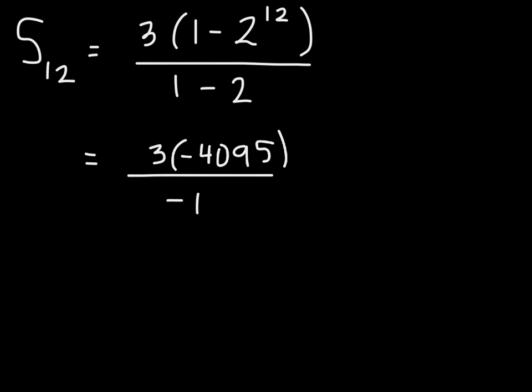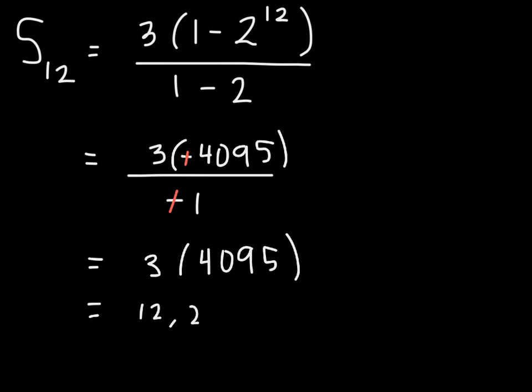The two negatives cancel, right? And then when you have a denominator of 1, it's unnecessary to write it. So it's just 4,095 times 3, which is 12,285 using my calculator. So this is the sum of those terms. Isn't that great, everybody?